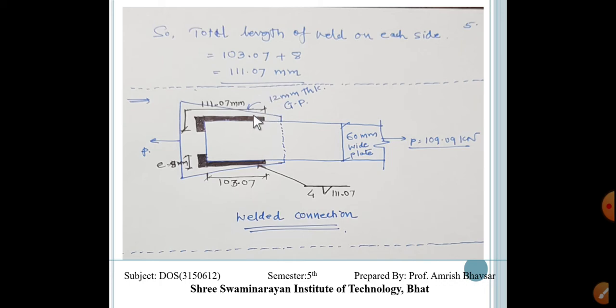So the total length is 111.07, which is carried out as welding over here. This dark line indicates our welding, and how do we get this 111.07? Here it is 103.07 on a single face, and this is the end return, which gives us the total welding length carried out by us.